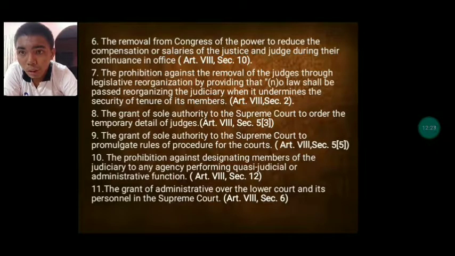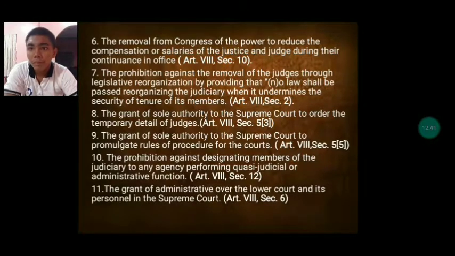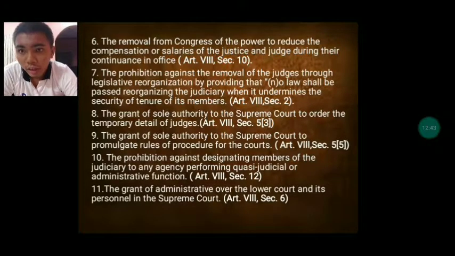It is a provision against designating members of the judiciary to any agencies performing quasi-judicial or administrative functions. It is the grant of administrative supervision over the lower courts and their personnel to the Supreme Court.